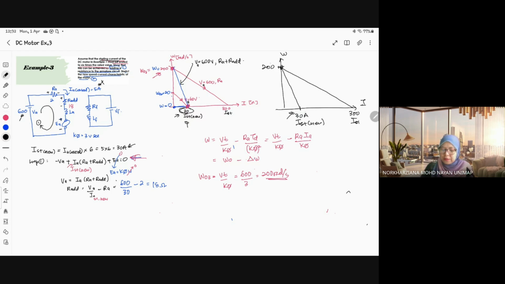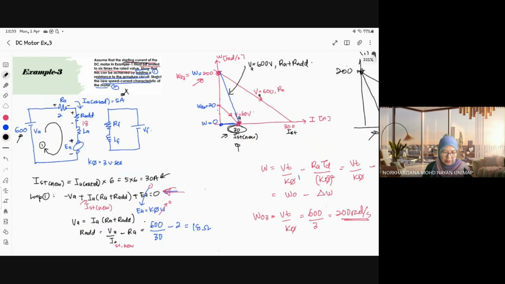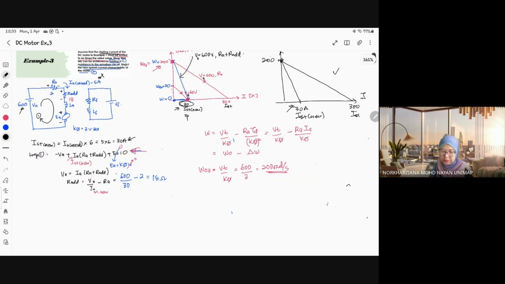Reduce the torque, but at the same time you might have high speed at no load condition. This one is for example 3. Right? So this one is one answer, and this one is the justification or the calculation of the formula.